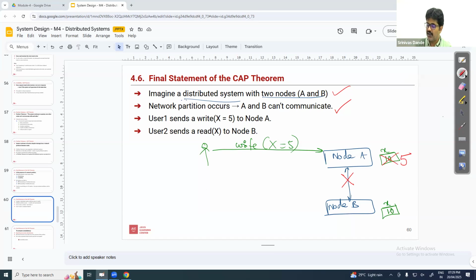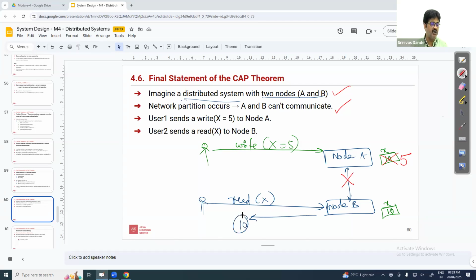Now another user is trying a read operation, trying to read X from node B. What X value will be returned? Are you getting the latest value of X? You will get 10.